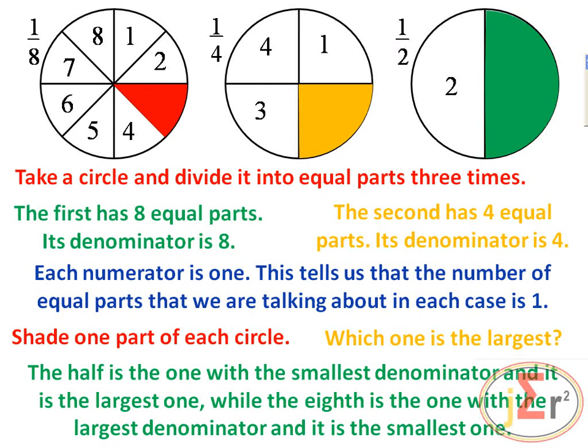While the eighth is the one with the largest denominator, and it is the smallest shaded portion. So the one with the smallest denominator will have the largest shaded portion, and the one with the largest denominator will have the smallest shaded portion.